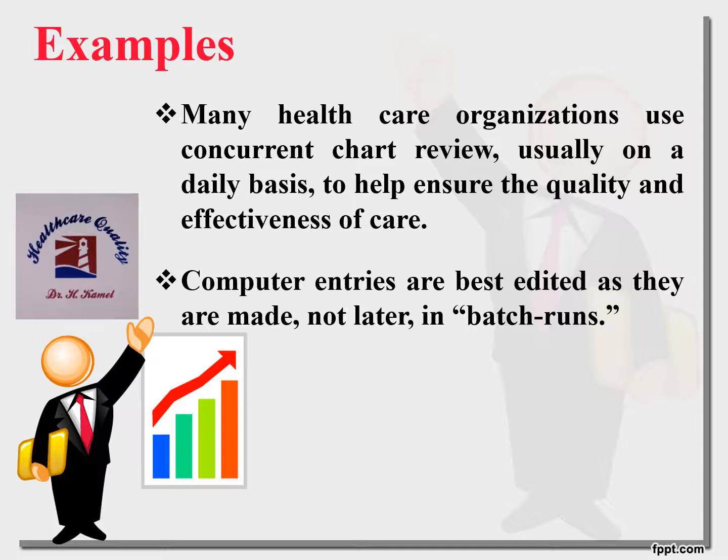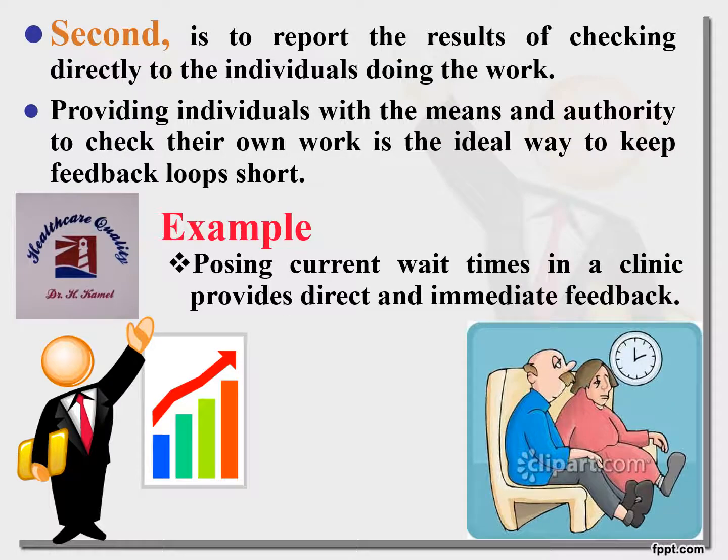Computer entries are best edited as they are made, not later on in batch runs. Second is to report the results of checking directly to the individuals doing the work. Providing individuals with the means and authority to check their own work is the ideal way to keep feedback loops short. For example, posting current wait times in a clinic provides direct and immediate feedback.